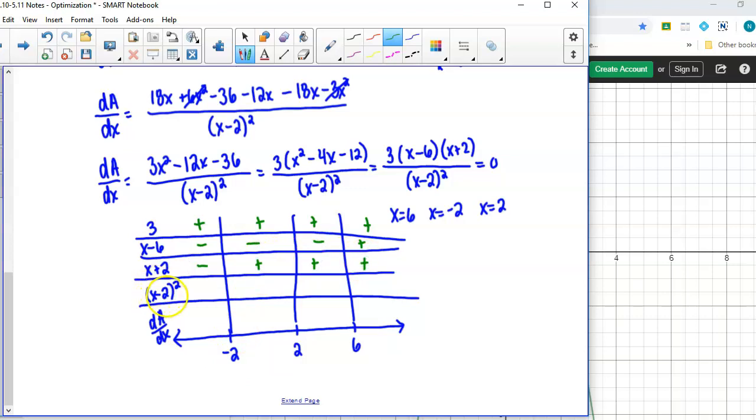And then x minus 2 squared is always positive except for when it equals 0, which is at positive 2, because you're squaring it. So then if you just look down each line, if you have an even number of negatives, then you get a positive. If it's odd, you get a negative. So it's odd here, and then positive there.